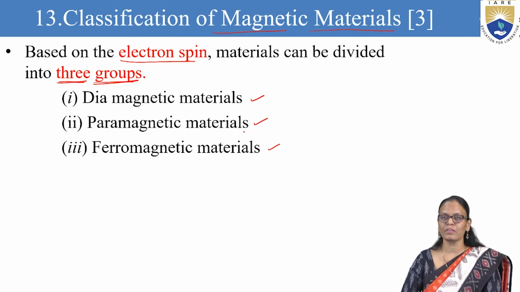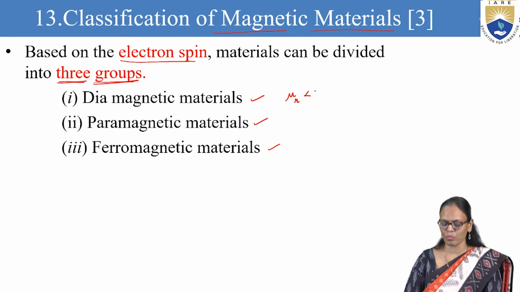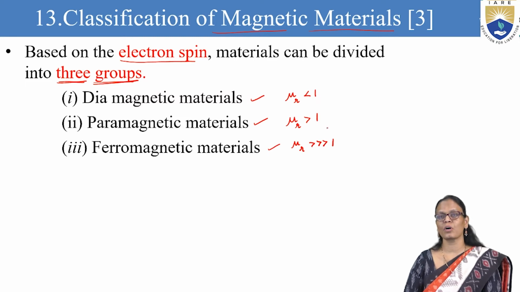We divide them based on their relative permeability. If the value of mu r is less than 1, we say it is diamagnetic. If the permeability is greater than 1, we say it is paramagnetic. And if mu r is much greater than 1, in the order of thousands, we say it is ferromagnetic.